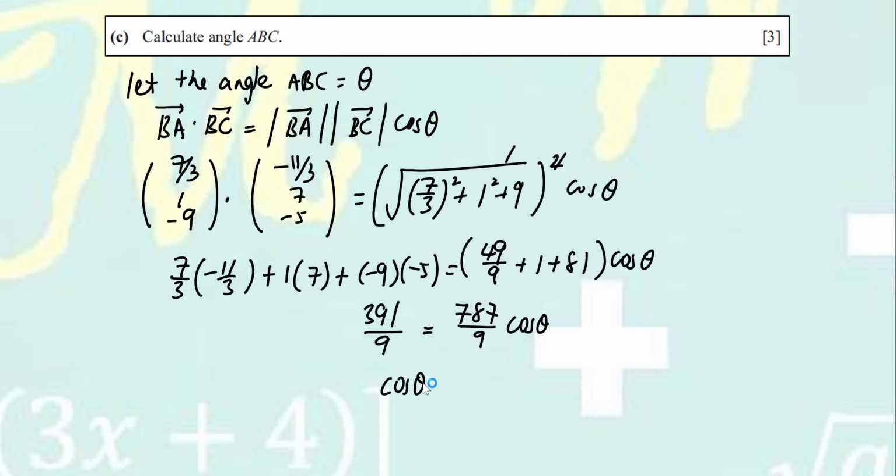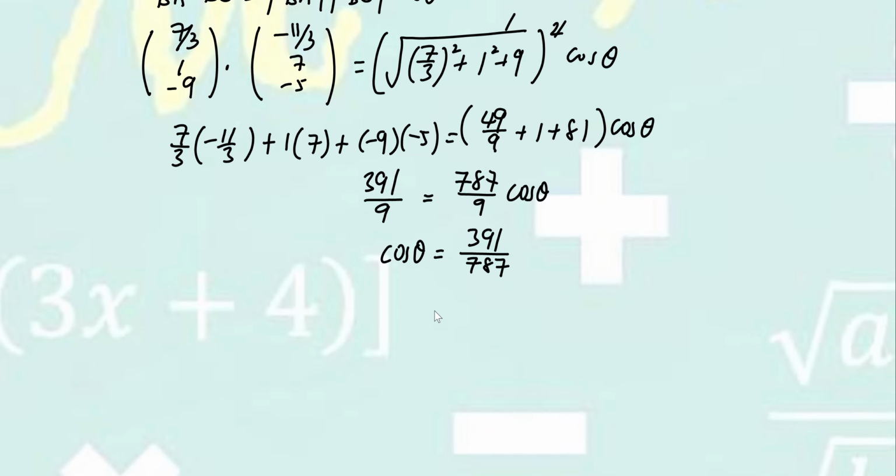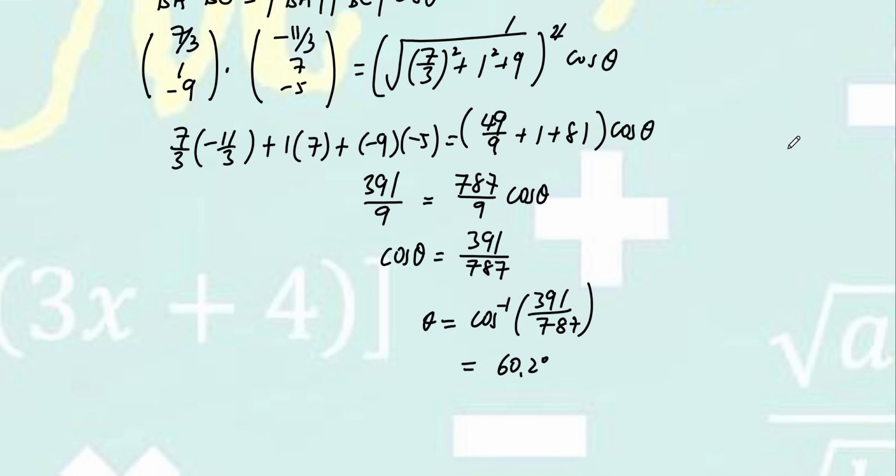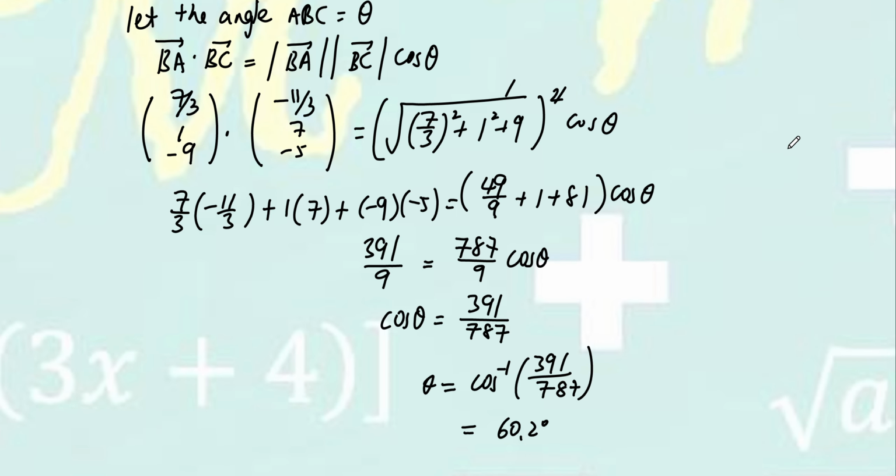So your cos theta is 391 over 787. And then the question asking for angle. Angle means what is theta? So the theta is basically arc cos 391 over 787. Then this is going to be 60.2 degrees. Okay, done for the angle.